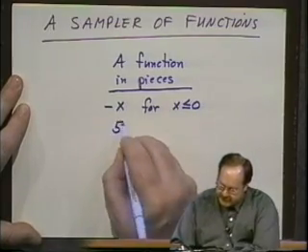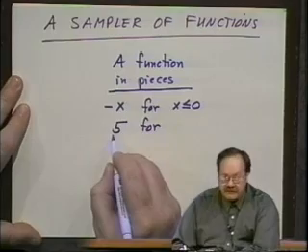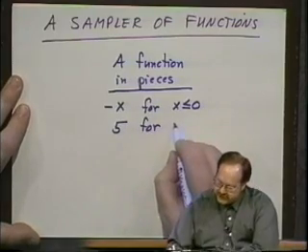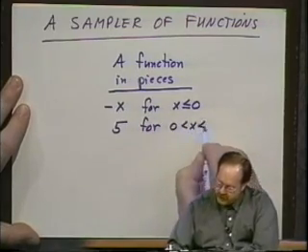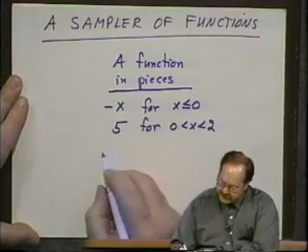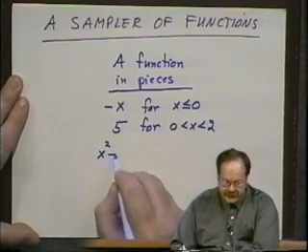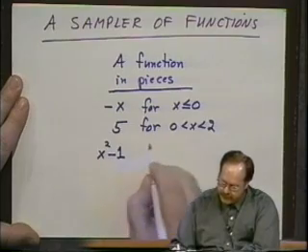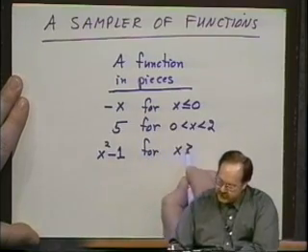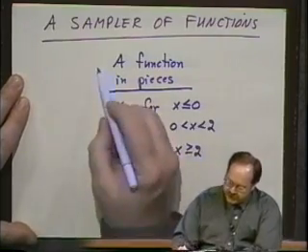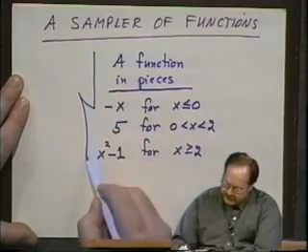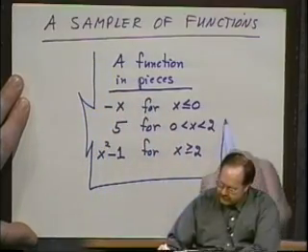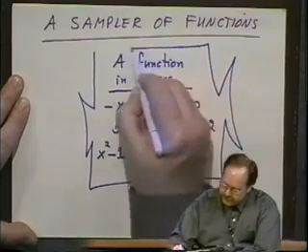Let's say it gives me 5, always 5, for x's that are greater than 0 and less than 2. And let's say it gives me something more complicated like x squared minus 1 for x's that are greater than or equal to 2.